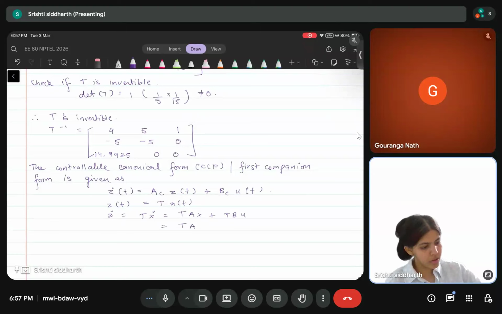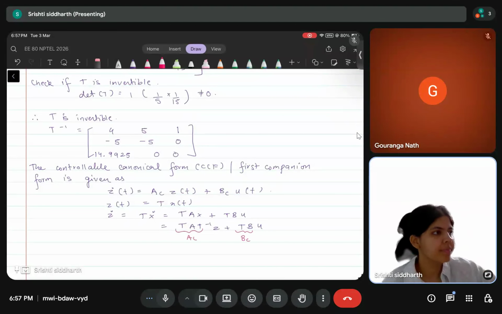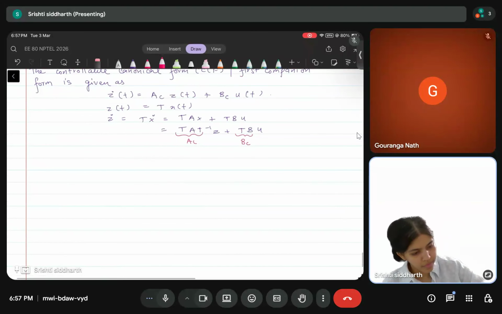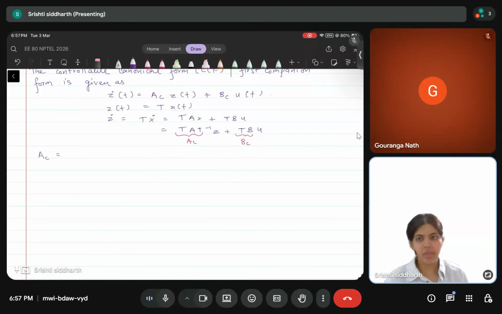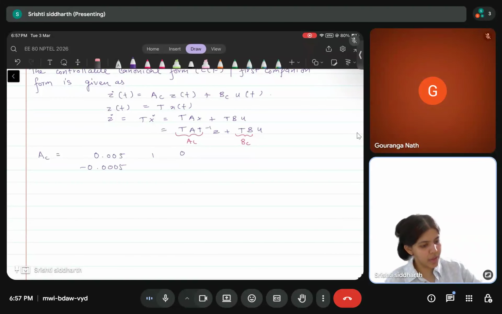In terms of Z, this is the matrix AC, and this is BC. We have the matrix A, T and T inverse. We get AC as 0, 1, 0.0005.